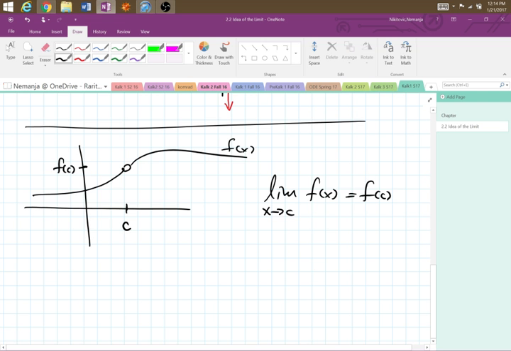So now, how is this computed? It's computed simply by calculating a lot of points before and after the point of interest, and never computing the point of interest, because this situation can happen, this situation can happen, and so on. So we have 3 approaches to compute limits.